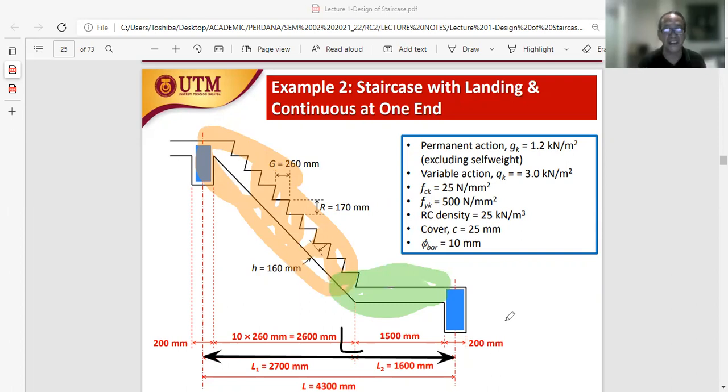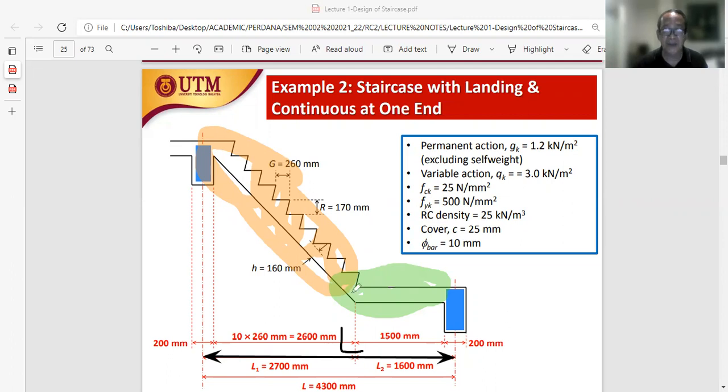Within the span, we now have two components: one is the inclined section and the other is the horizontal section. Because both these elements are within a single span, we don't need to design the horizontal section as a separate component. Because both components are in a single span.